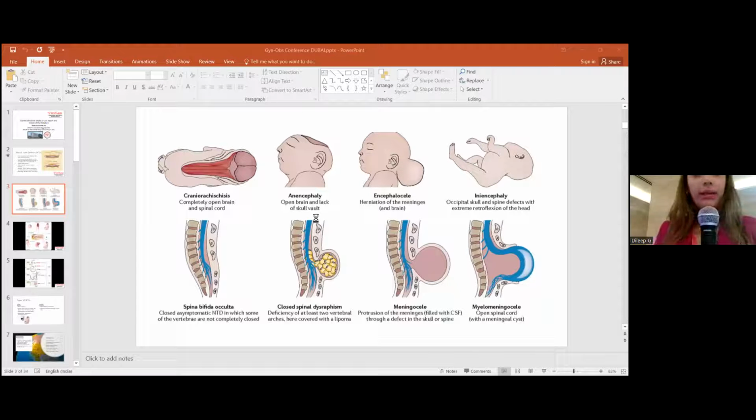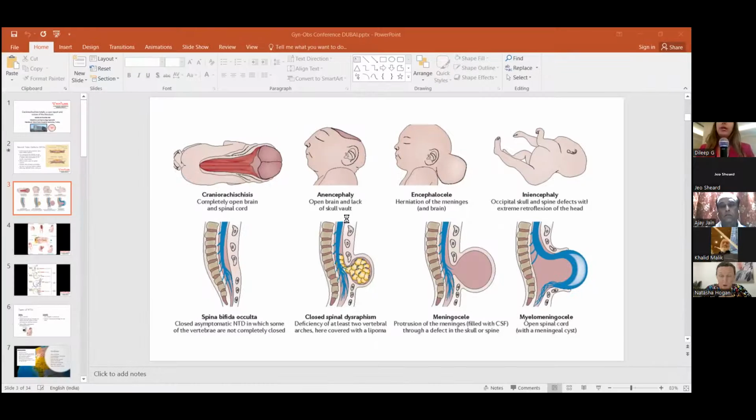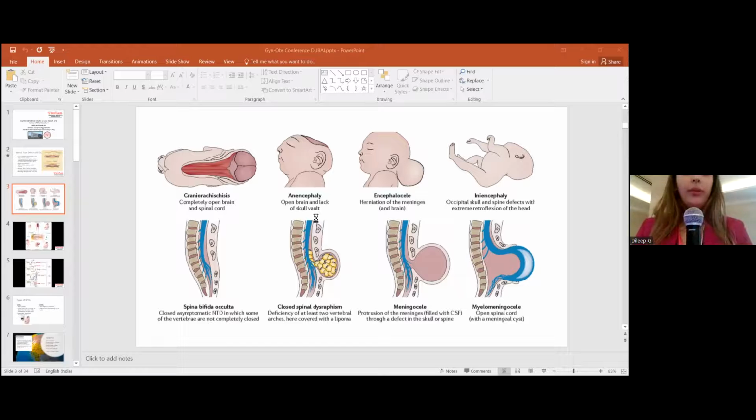Now we can see the types of neural tube defects, and I will talk about craniorachischisis. In another terminology, craniorachischisis totalis; it's a Greek terminology. Rachischisis actually means a defect of the nervous system, a defect of the fusion.